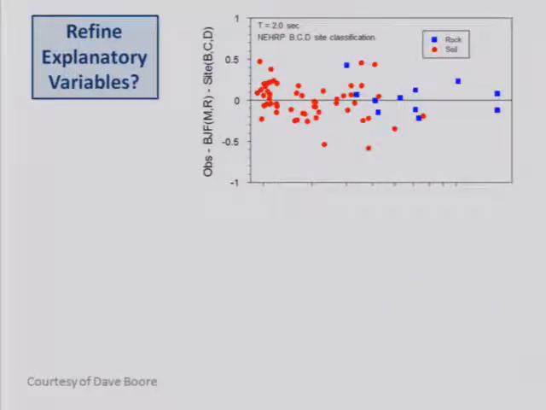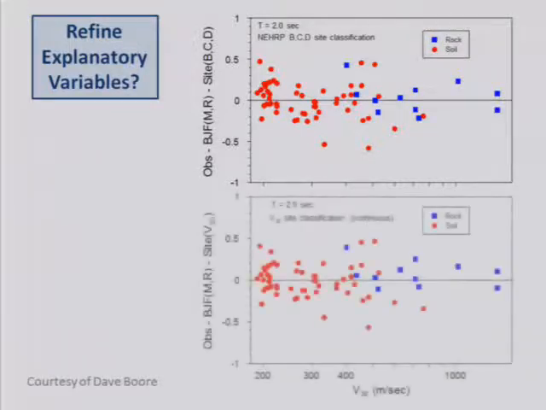Similarly, for including and refining the way we represent soil types, which goes back to the case of the 2 comparable sites I showed earlier. These are slides from Dave Boore, showing residuals from his previous equation when the data were classified, grouped by NEHRP classes, and then by continuous VS values.